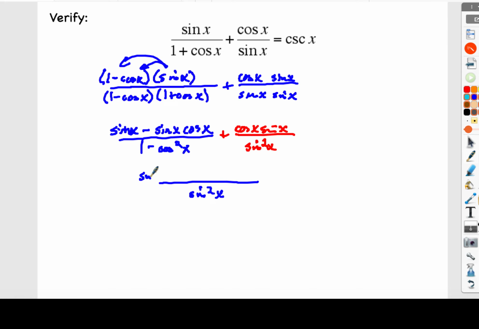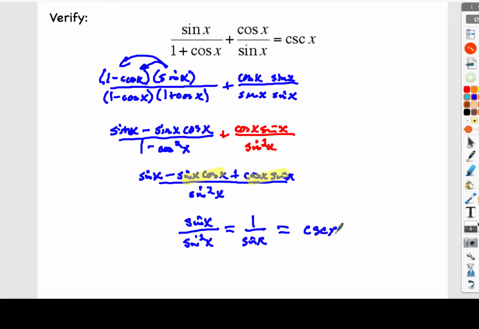And again, I have sine of x minus the sine cosine from that second fraction plus the sine cosine. And in that case, we cancel them out. We end up with sine over the sine squared, which is really 1 over sine x, which by its reciprocal is the cosecant of x.